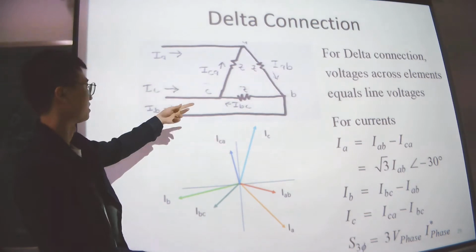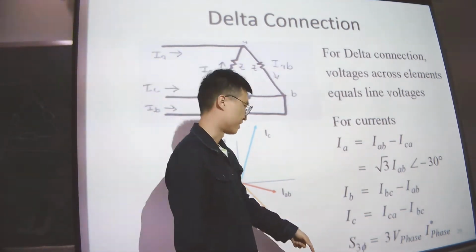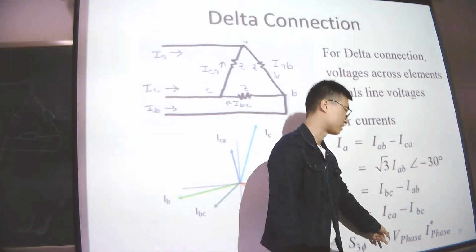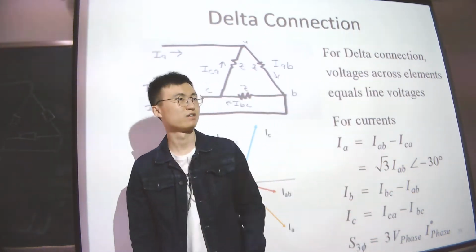Here, because it's balanced, we just use three times the single-phase value.